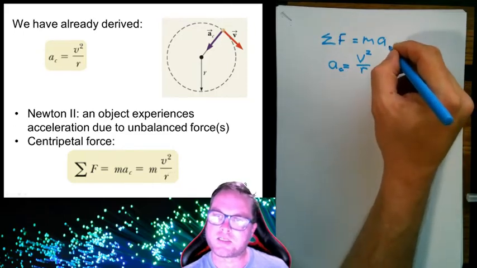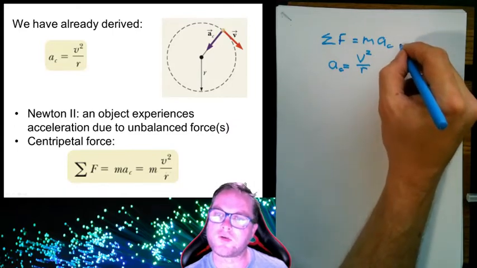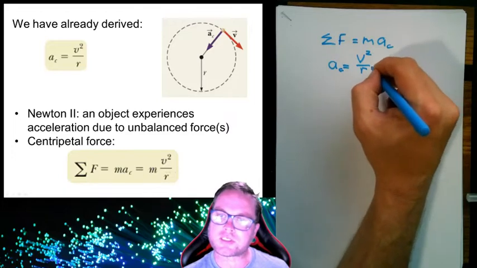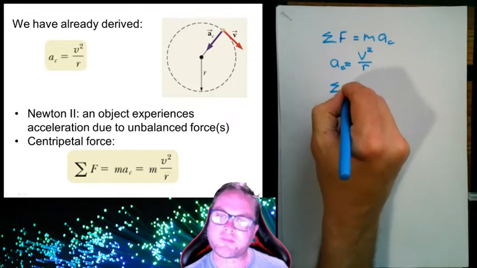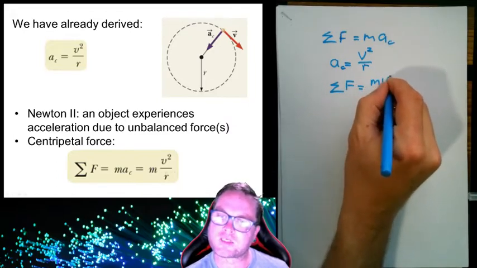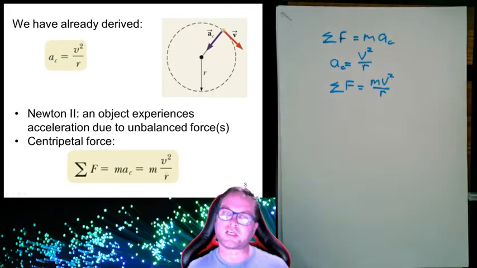In this context, we're going to be applying Newton's second law to the centripetal equation context. So substituting equation 2 into equation 1, the sum of the forces is equal to m v squared over r. So this is the tool that we're going to be using.